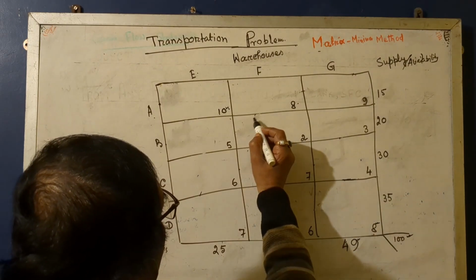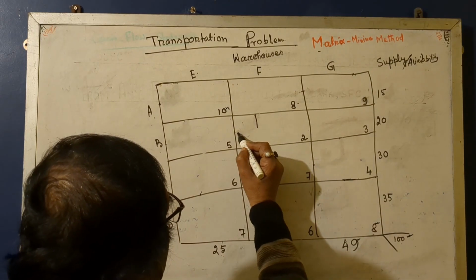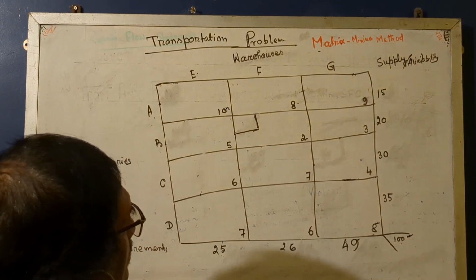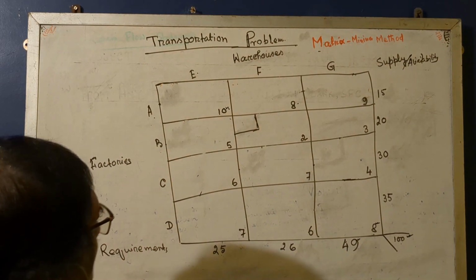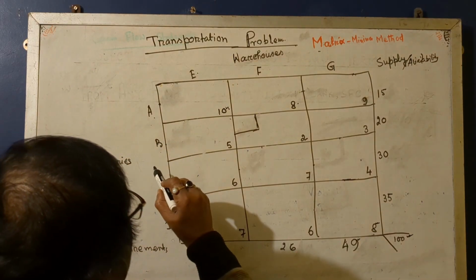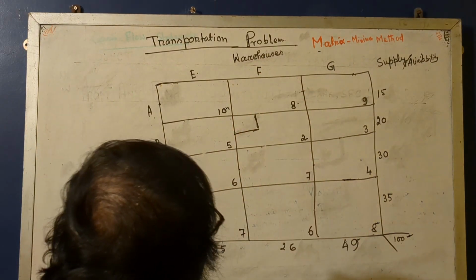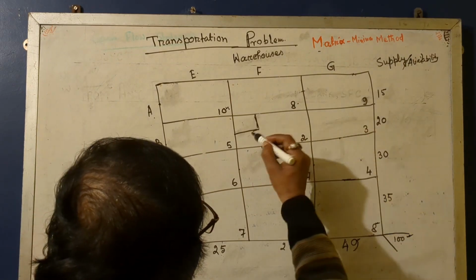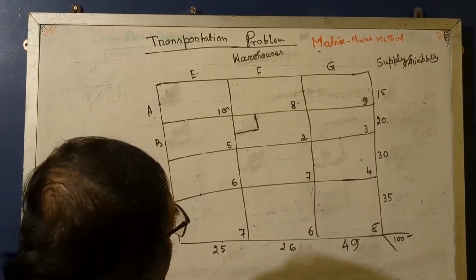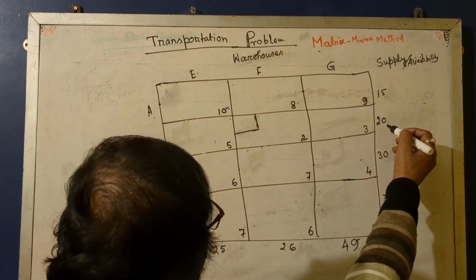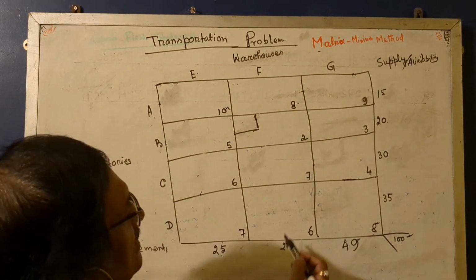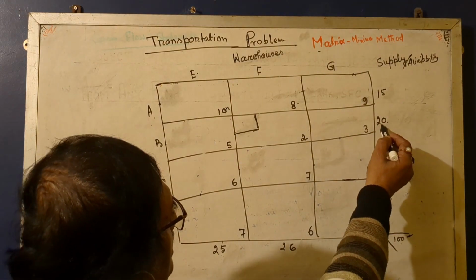Now, you have to first allocate this least cost cell. In this cell, you first allocate the quantity which you have to ship from factories to warehouses. How will you allocate this? Out of 20 and 26, you select the minimum one. In this case, the minimum of 20 and 26 is 20.